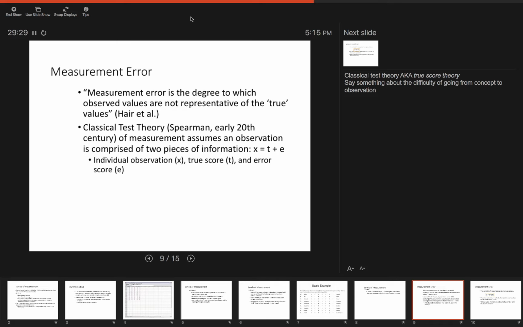Can we measure anything without error? If we measure age, can we get that without error? Weight, can we get that without error? Why are you shaking your head? Because even with age, if I said somebody's 23 years, it might be 23 years and a couple of hours. Right.